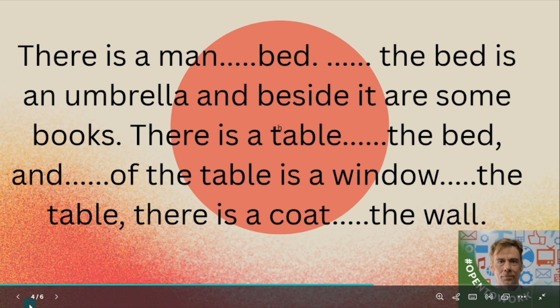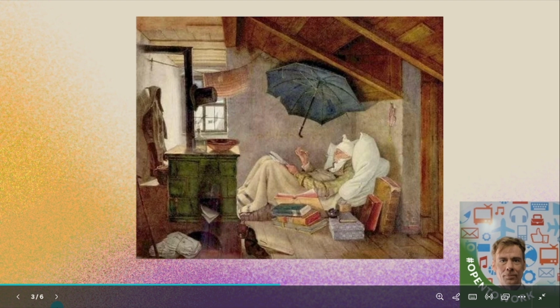So there is a man, bed. Well, when we see someone like this, we say they are in bed. You can say there is a man in bed or there is a man in a bed. In this case, both are okay.